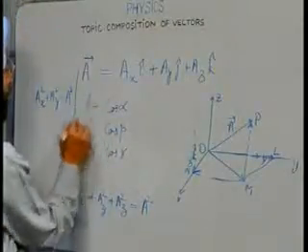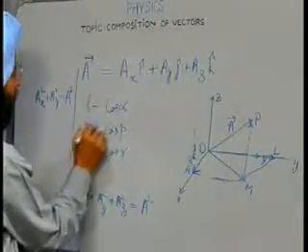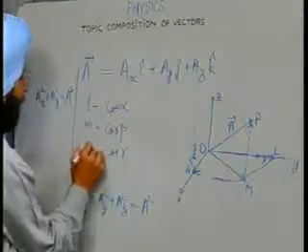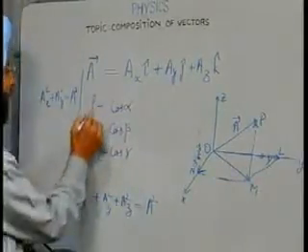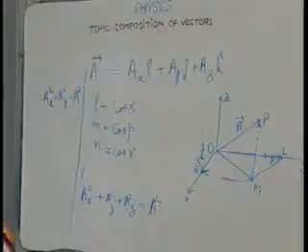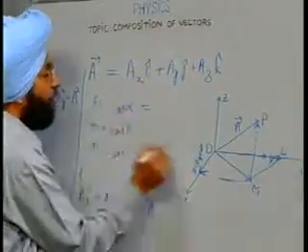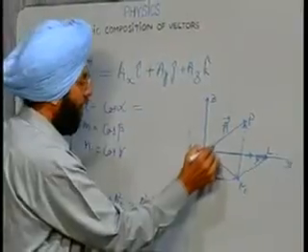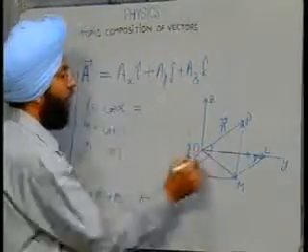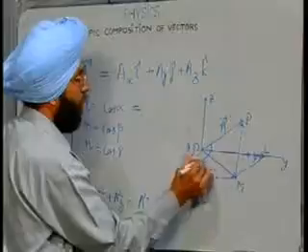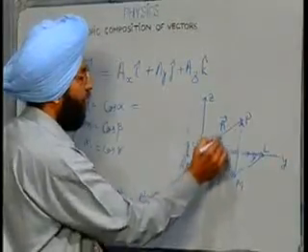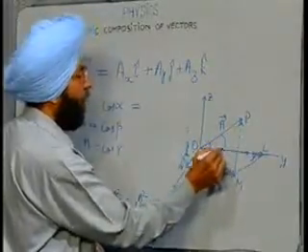L is equal to cos alpha, M is equal to cos beta, N is equal to cos gamma. L, M, N are known as direction cosines. Alpha is the angle between A vector and x axis. Beta is the angle between A vector and y axis.